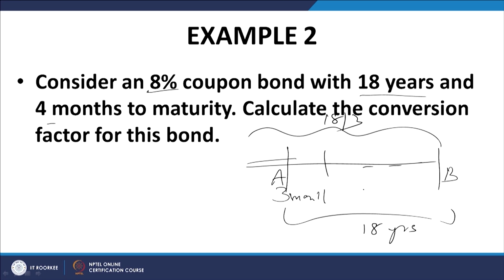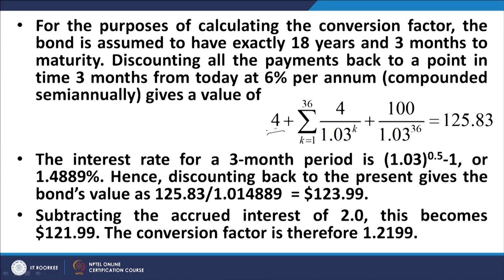So, the first step is to work out the present value of all these coupons and the principal repayment at point A, and that is given by, we have one coupon at t equal to 3 months, which is 4. Remember, we are working out this value at t equal to 3 months. This is the present value at t equal to 3 months from today.